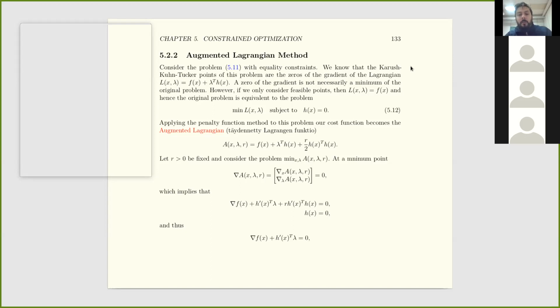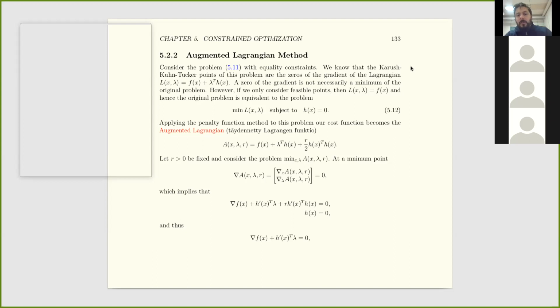only now it not only has this gradient equation, where there's the gradient of f plus the gradients of h functions times lambda, but it also has this r times h prime transpose h of x is 0, because we've taken the derivative with respect to x of this h of x times h of x. So these are basically sums of squares.